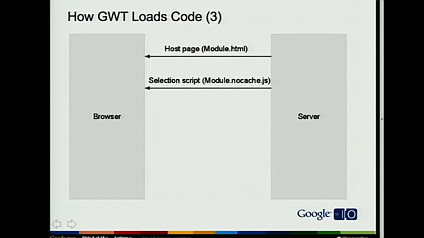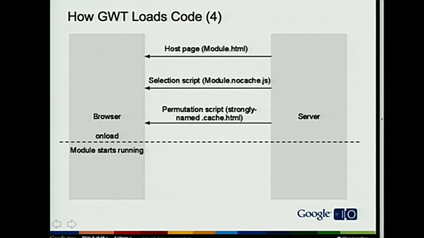So this is the current browser you're running in, and if you're using internationalization, which language you're running in, possibly any of your personally defined properties that you might want to switch. So it determines which permutation of these properties is running, and then it loads the permutation script. The permutation script basically contains all the information required to start your GWT module, start its entry point. And once this finishes loading, your module is up and running.